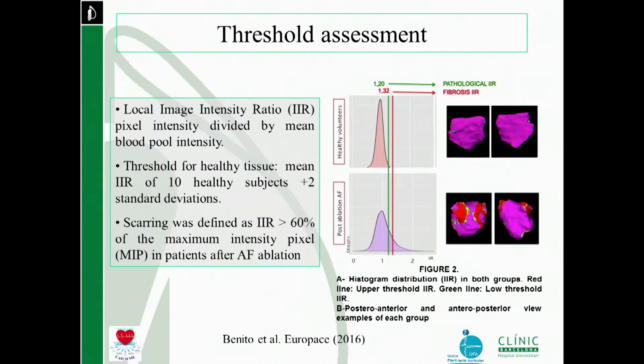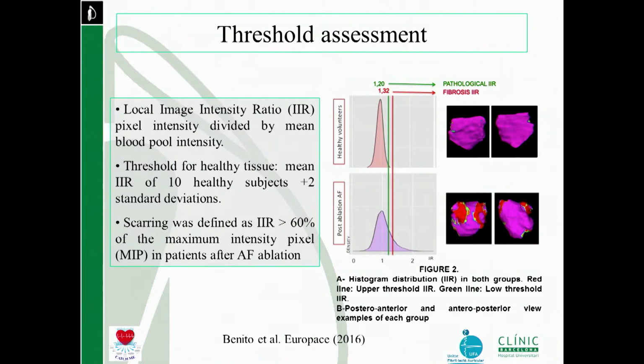In order to standardize that, we did a study that analyzed 10 normal, young people, no fibrosis, no heart disease. And we defined the image intensity ratio for healthy volunteers. We decided that over 2 standard deviations, that would be 1.20, would be abnormal tissue.